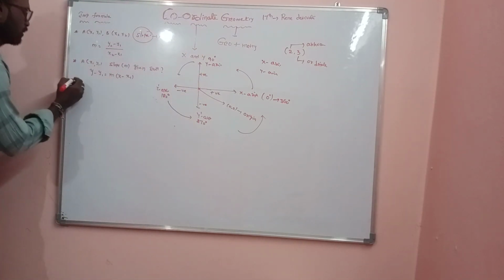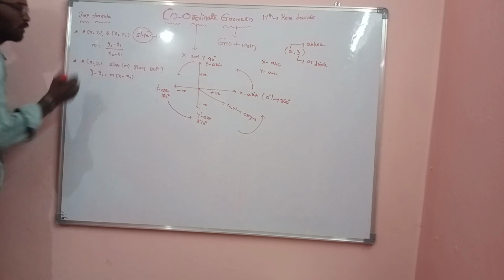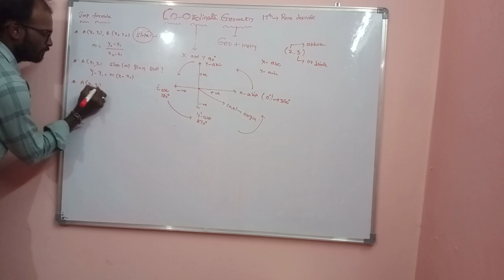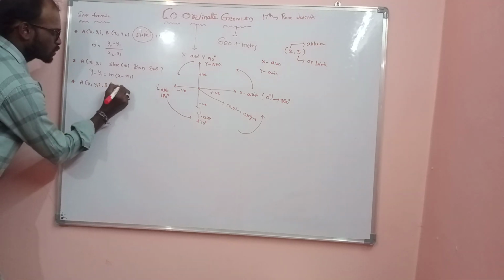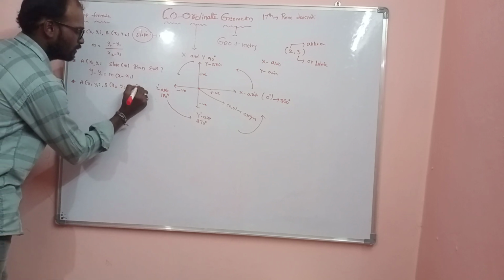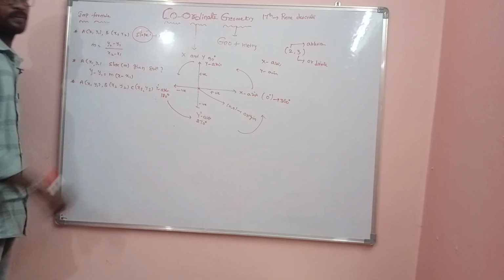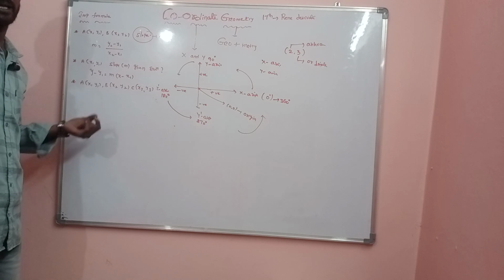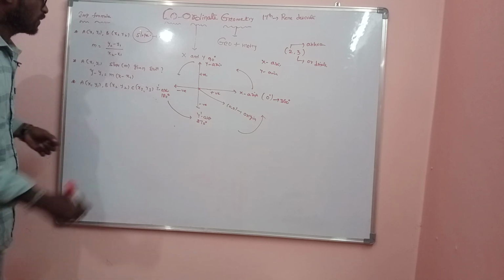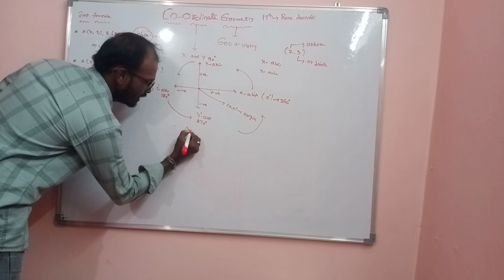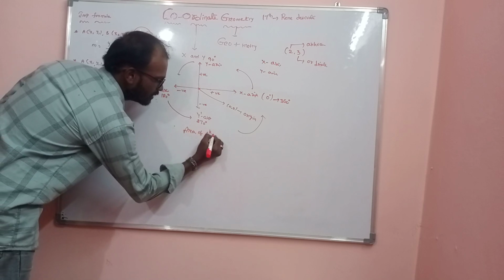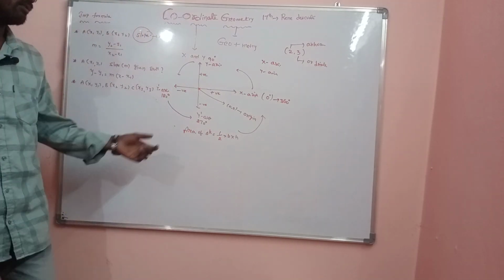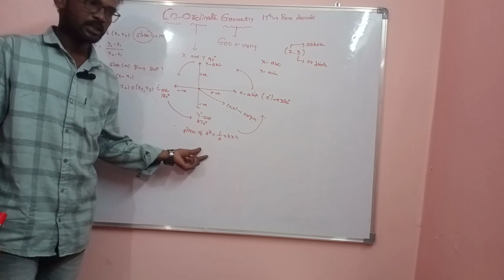Next, A is (x1, y1), B is (x2, y2), C is (x3, y3). Three points are given, and you can find the area of the triangle. Generally, the area of a triangle is half into base into height.